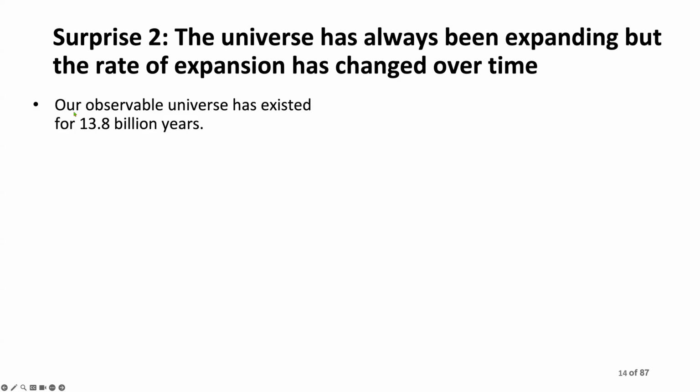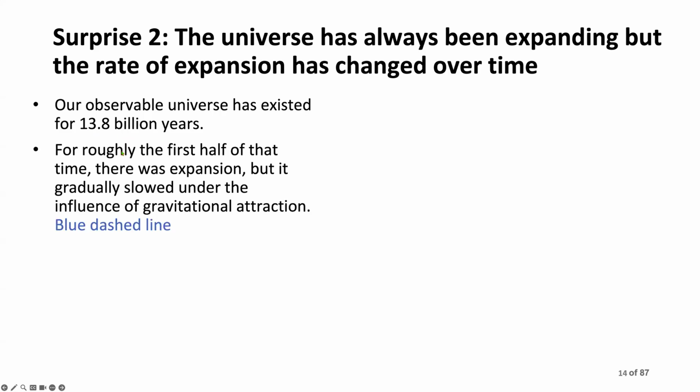So our observable universe has existed for almost 14 billion years. And for the first half of that 14 billion years, 6.5 billion years or so, the universe was expanding, but the expansion rate was getting smaller. That is, the rate of expansion was slowing.